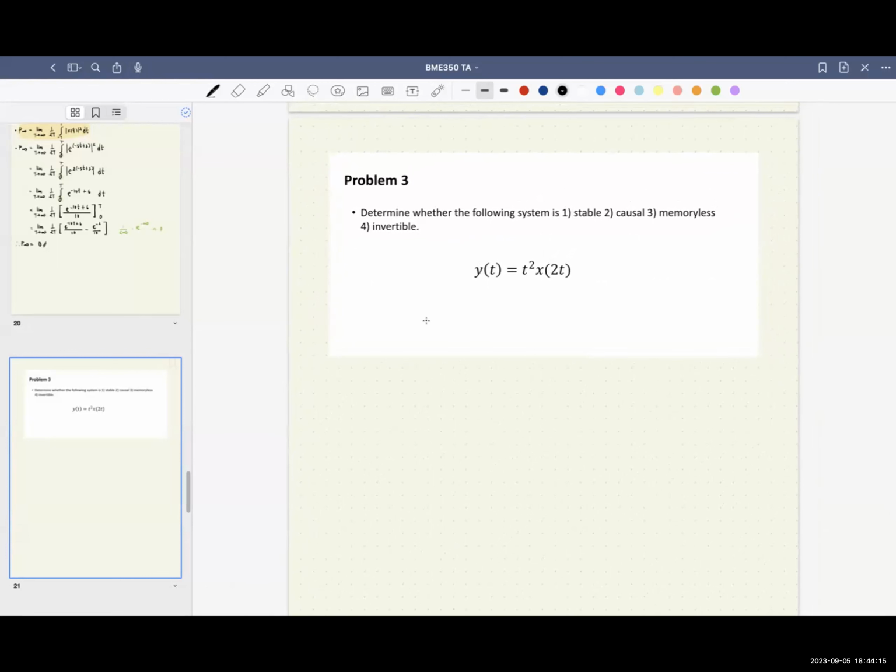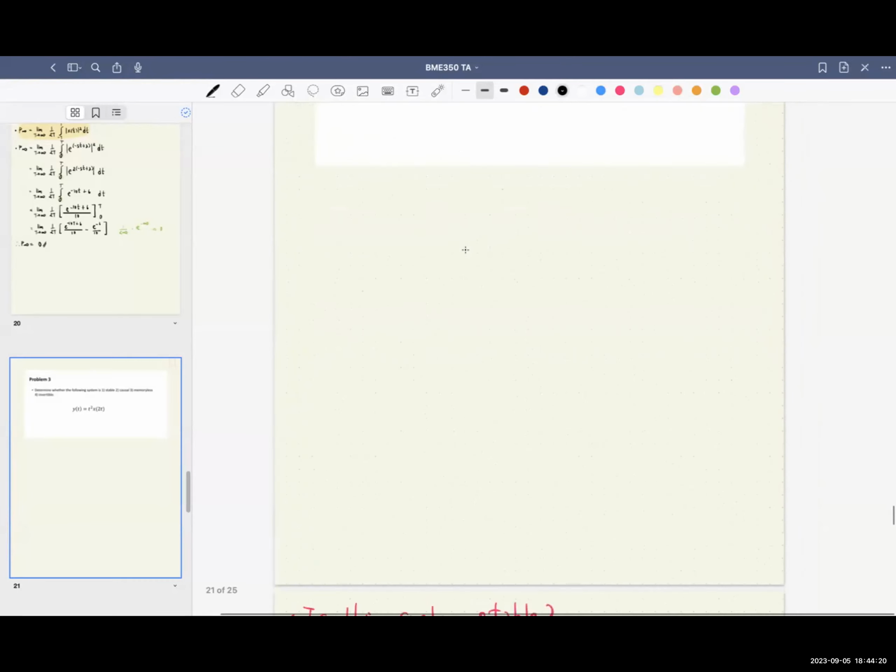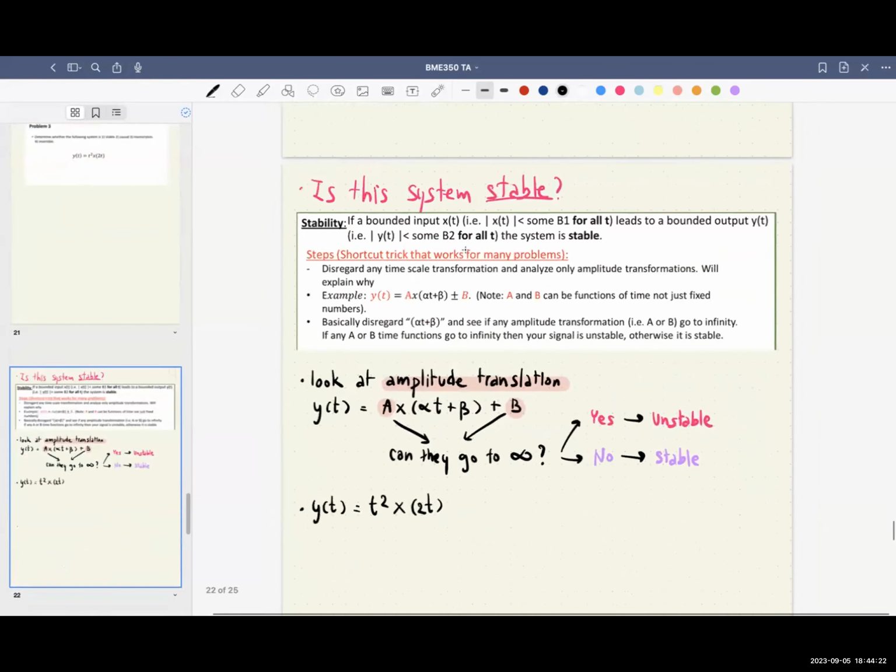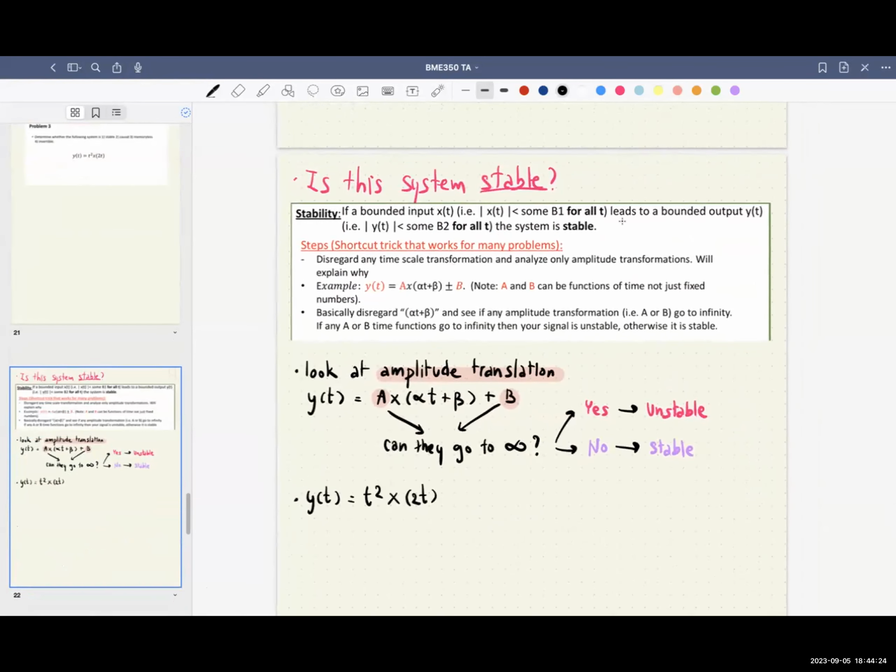Let's start with the stability of the system. How do we know if the system is stable or not? When we talk about stability, we usually just focus on the amplitude term.